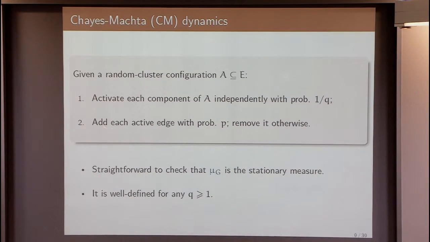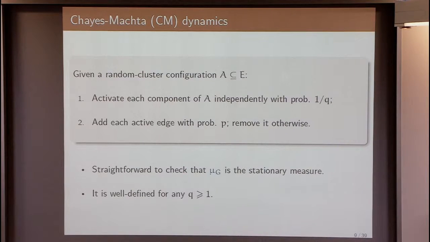Then we add each active edge independently with probability p, otherwise we remove it. Before I show you an example, I just want to say that it is straightforward to check that this converges to the random cluster measure, and that, as you can see from this step here, it is only well defined when q is greater than or equal to 1, because otherwise this probability is greater than 1.